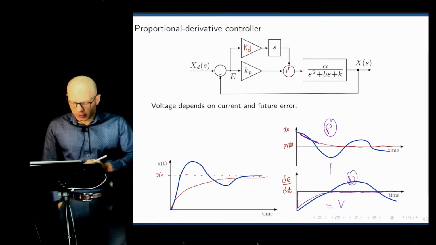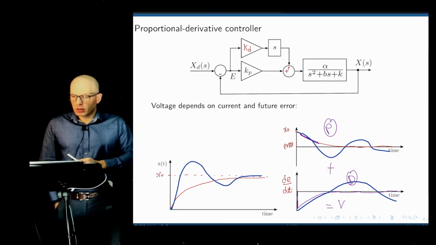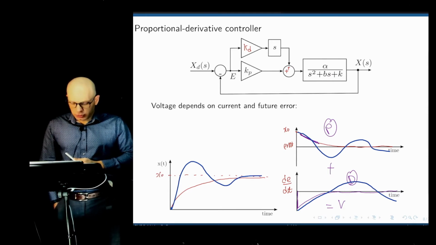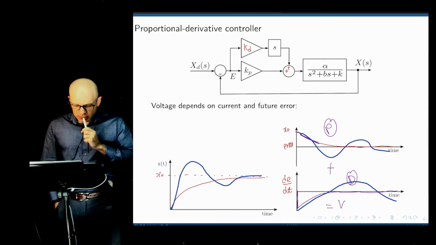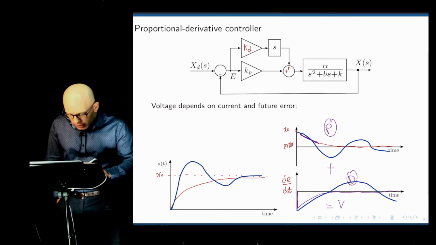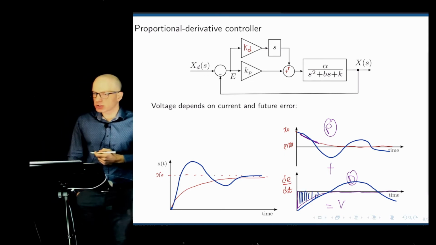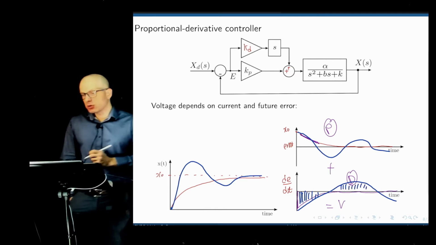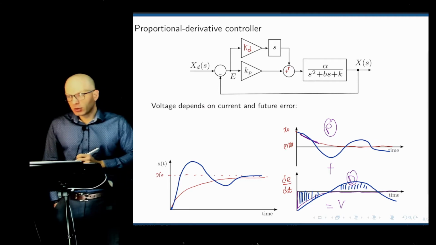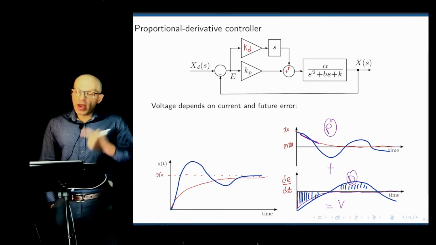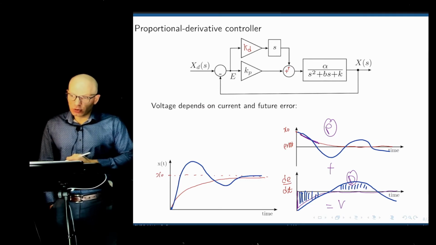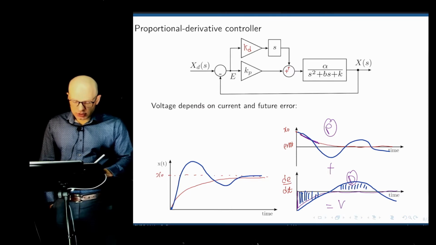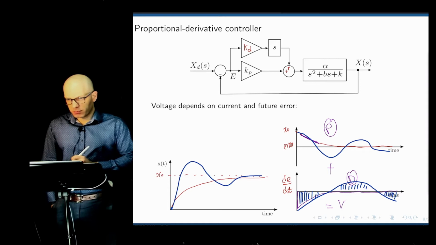The derivative now would take positive and negative values, meaning that when the error is decreasing, we decrease the control action because we know we are moving towards the goal. When the error increases, we further increase the control action because we are now going away from the goal we want. And once the error starts to decrease, we decrease the control action once again.